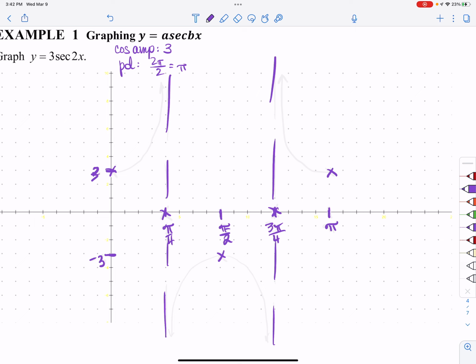And then wherever I have a cosine max, it's going to be a secant min. And wherever I have a cosine minimum, so this would have been at the bottom of my cosine graph, it's going to end up being a secant maximum.